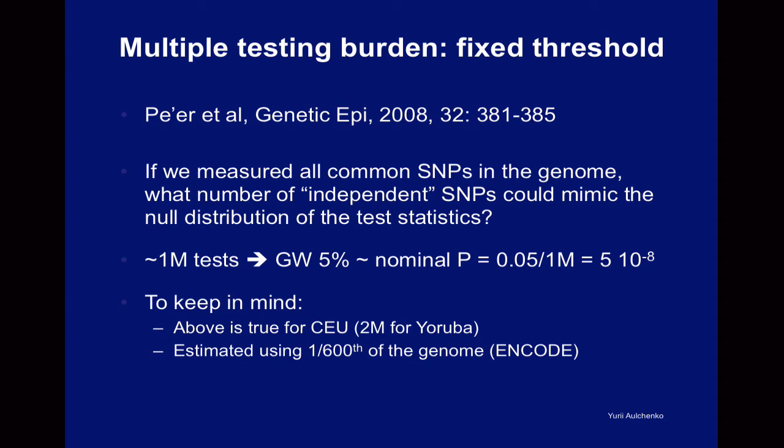If they used the same methodology to figure out the number of independent tests in African data, so this is our data which are present in the HapMap population, Yoruba, Ibadan, then the number of independent tests was 2.5 million. So this sounds like a large difference, but effectively, if you plug in 2.5 million instead of 1 million in the denominator of Bonferroni correction, the difference will not be that huge.